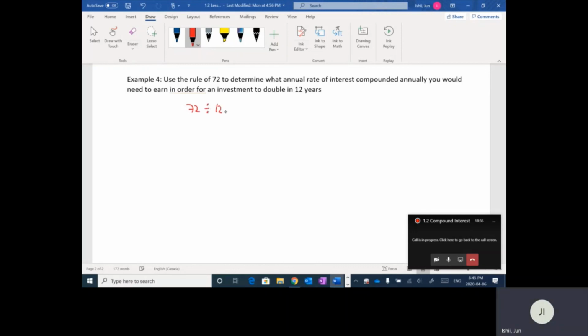So 12 years, and that is, I think I can do that in my head, 6. So 6% is what you need in order for an investment to double in 12 years. Okay, cool. So that is compound interest.